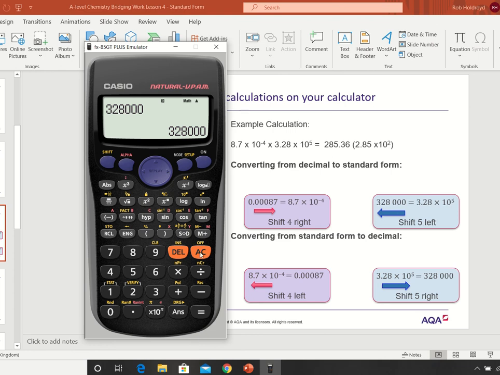So just to show you what the different versions of normal mode are. 1 divided by 200, this is in normal 2 by the way, equals that. It's in the decimal form, so if you're not a fan of standard form, you leave it like that. Now if we go Shift, mode, normal 1, look at the value, it puts it in standard form.